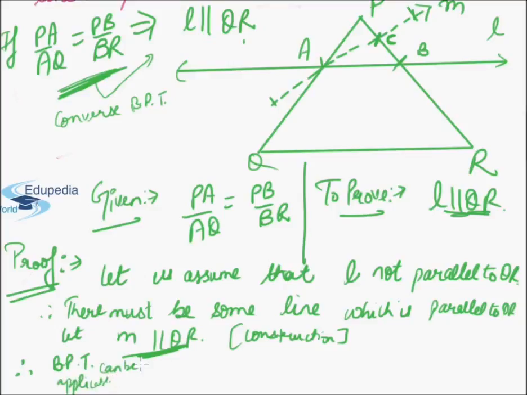BPT is applicable. This implies that this line M divides PQ and PR in the same ratio.